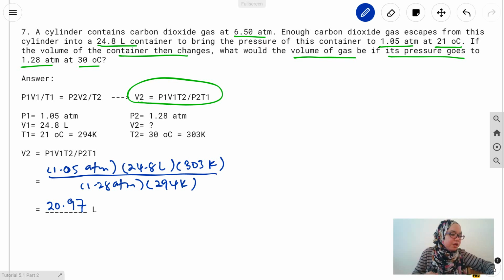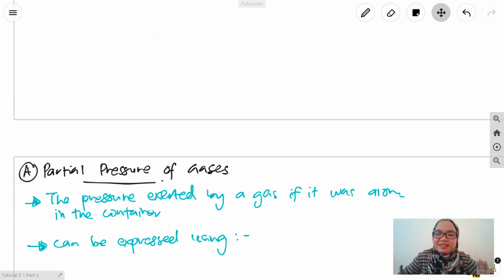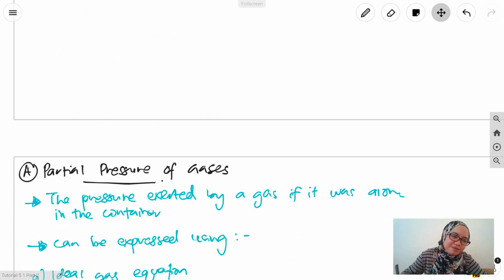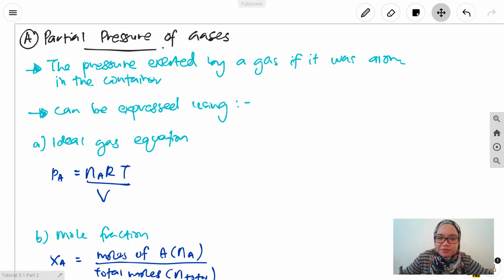Now we are going to go into a new subtopic. The topic is gas, but the subtopic is the partial pressure of gas and Dalton's law.